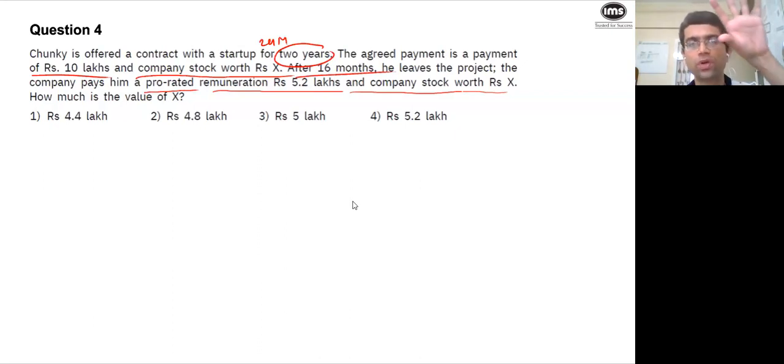So he was supposed to work for 2 years and get 10 lakhs. Now he worked for only 16 months. He got 5.2 lakhs and a stock worth rupees X. Now let's go step by step.